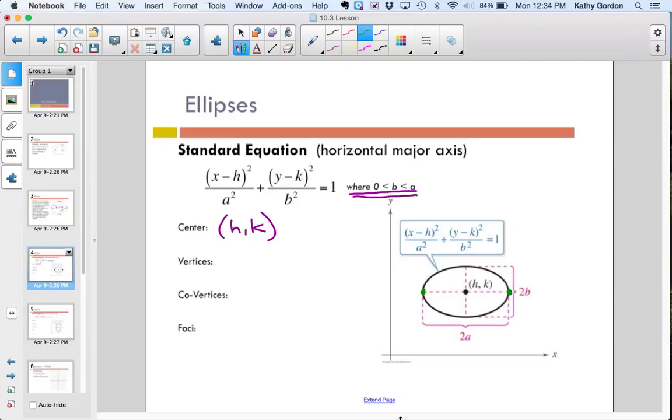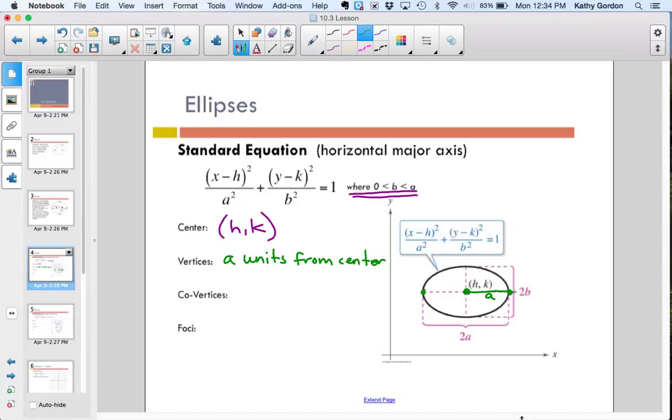To find those vertices, the vertices are always a units from the center. So from here to here is a units.